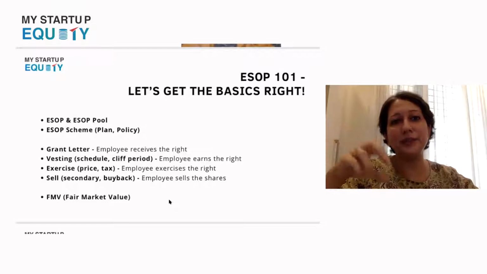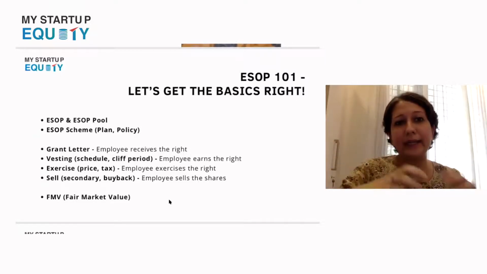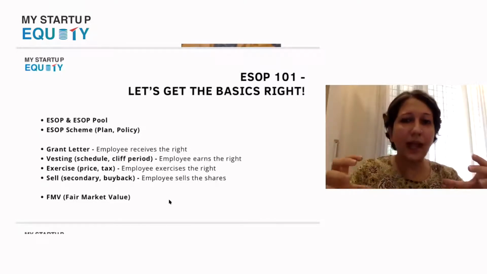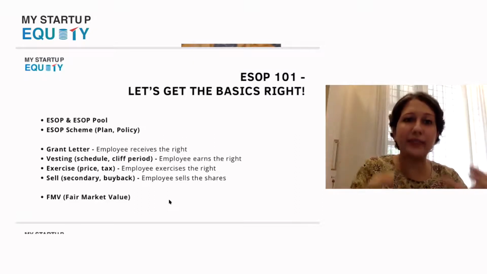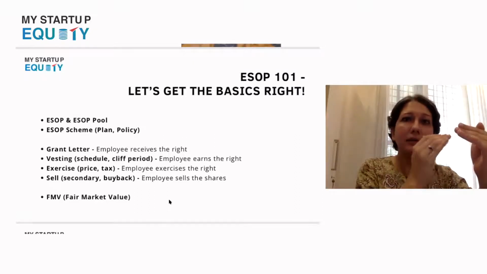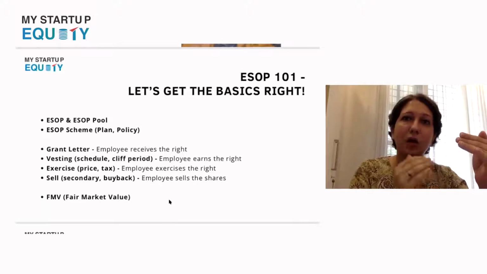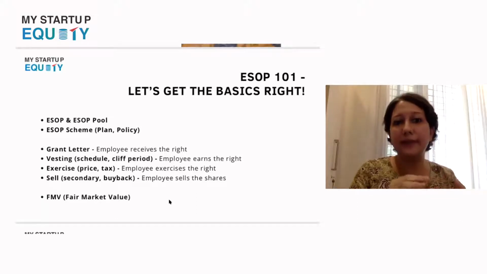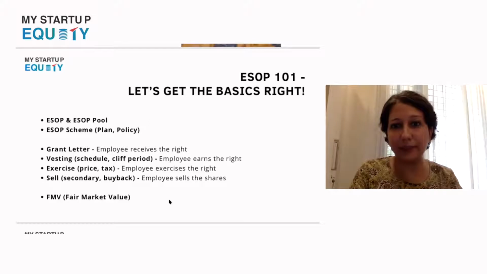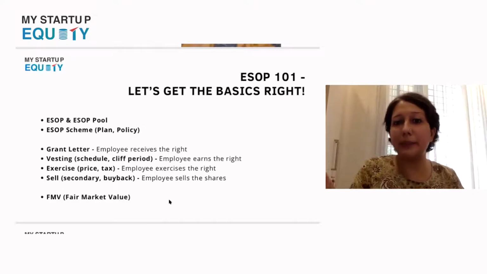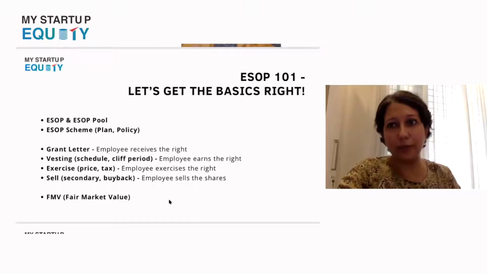Correct? Now, to do this, you need to create an ESOP scheme, which will define the different parameters of your policy. So, for example, how long will the vesting period be, or how long will that period be before an employee can actually get any options accruing to him?